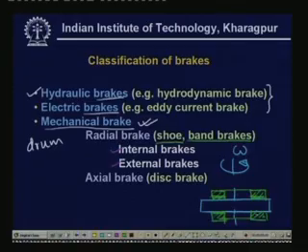When we apply force F and F over here, a friction force is generated with magnitude mu times F, and this mu times F will cause the frictional torque, that is a resisting torque, to oppose the motion of this particular disc. So this is the axial brake.